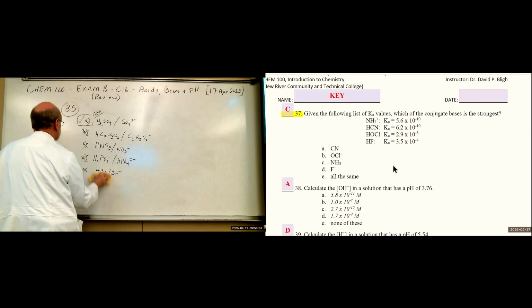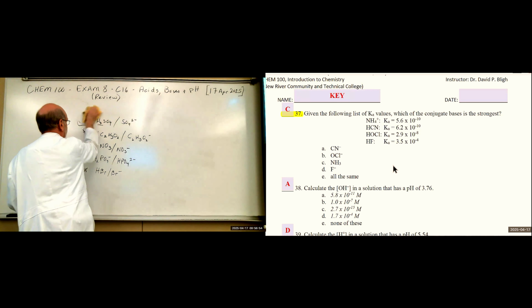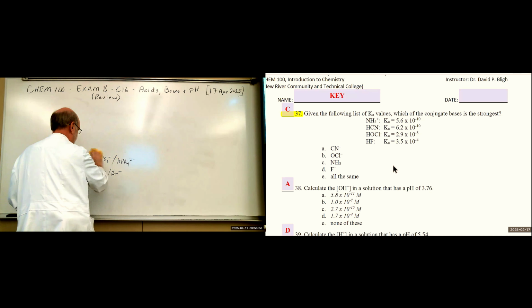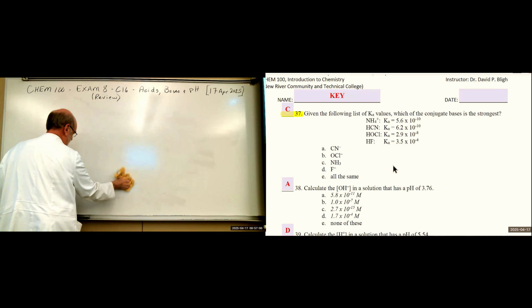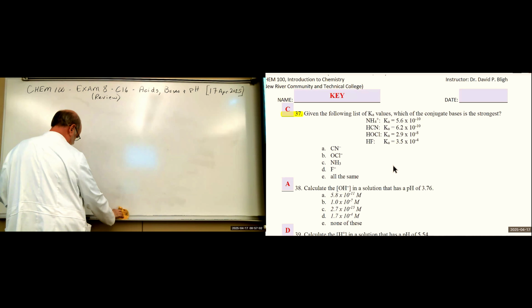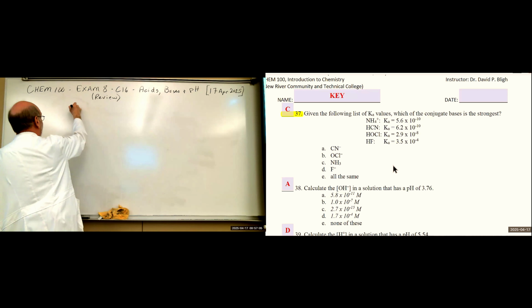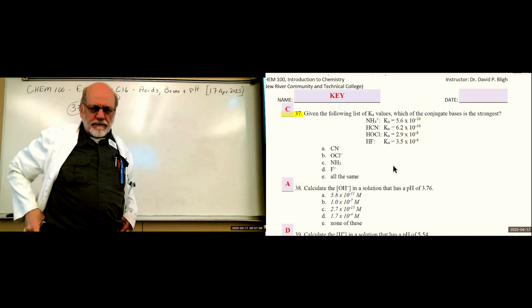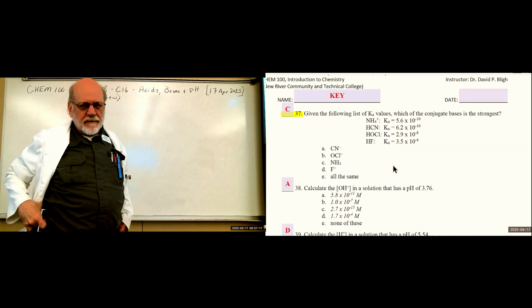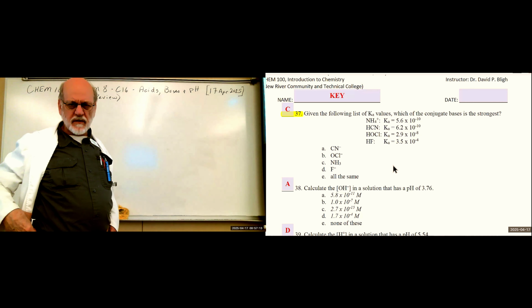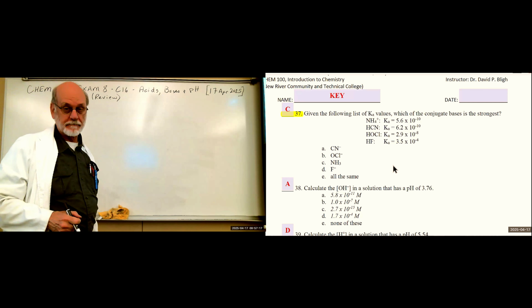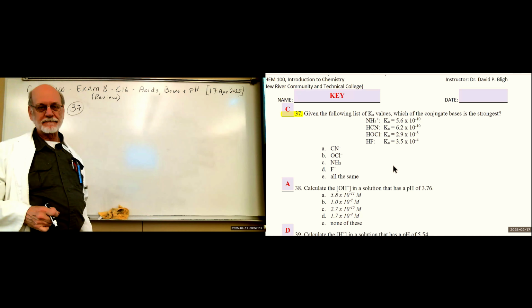Okay. 37. All right. Given the following list of Kas, which of the conjugate bases is the strongest? All right.